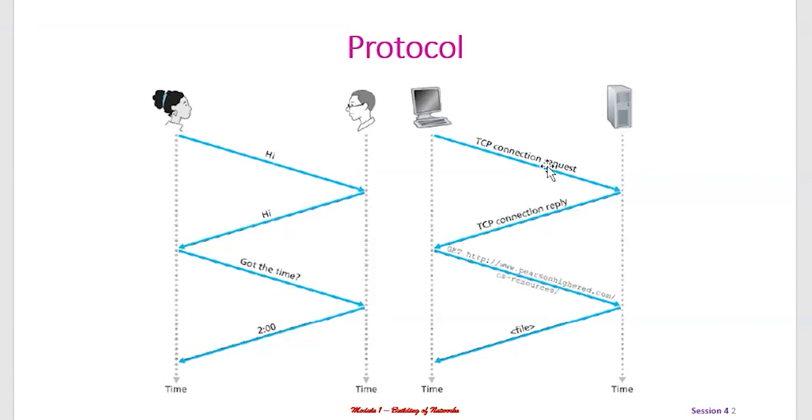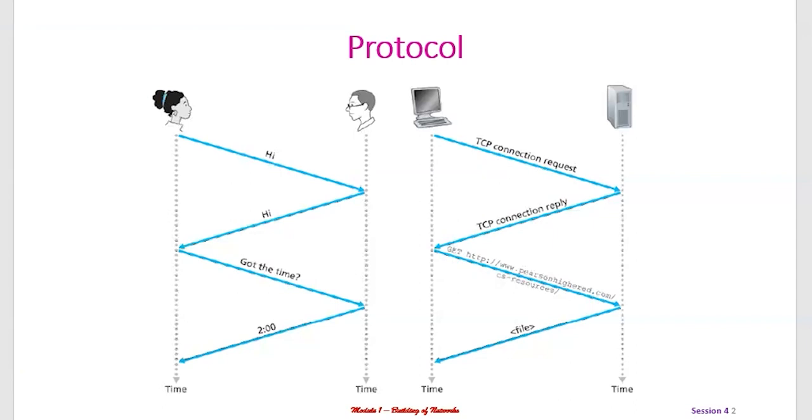When the request-reply handshaking is completed, the actual data transmission starts between the two end systems and continues. Upon a connection termination request, a connection termination reply comes, and the connection is terminated.